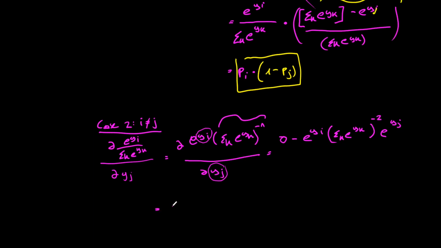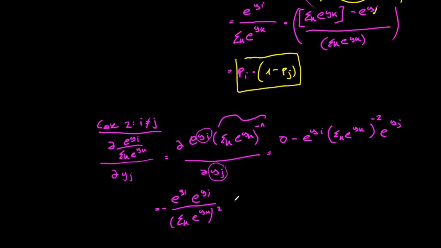So we're going to express this as the product of e^(y_i) e to the power y_j, divided by summation over k of e^(y_k) squared.